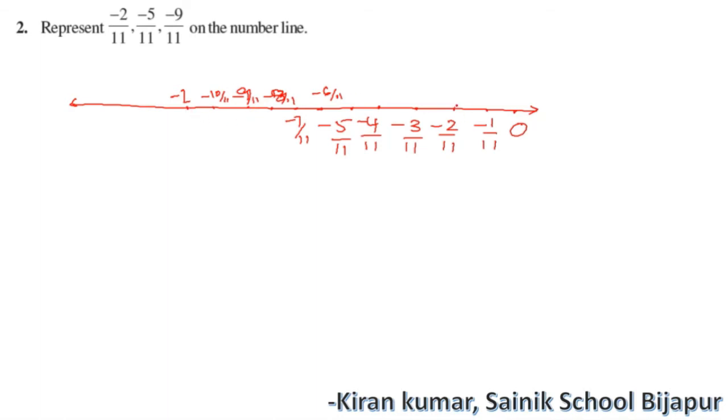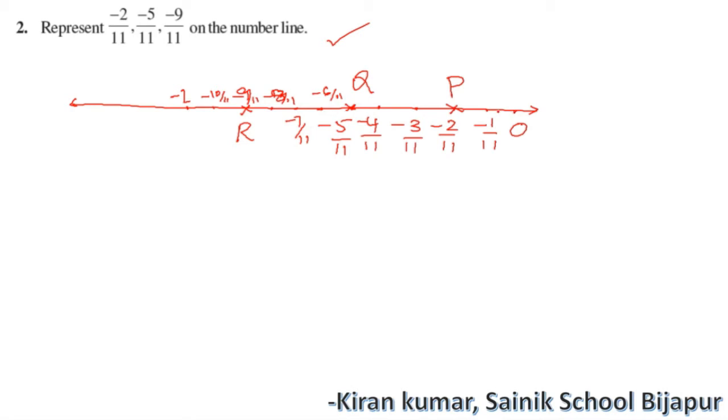So observe here, this point P represents negative 2 by 11, point Q represents negative 5 by 11, point R represents negative 9 by 11. This is how we can represent the given rational numbers on the number line. I urge you to do it with proper scale, use proper ruler.